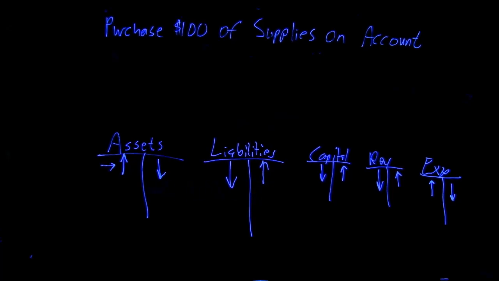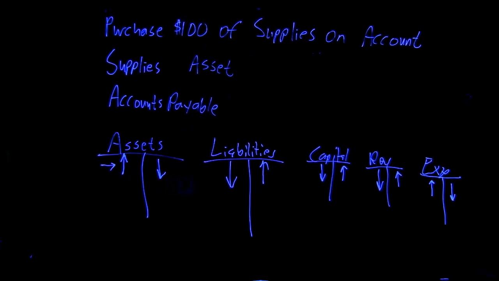So supplies is going to be one of our accounts. And then on account, we're purchasing on account. So that's accounts payable. We know that supplies is an asset because it's something we own and it has future value. And we know accounts payable is a liability because it's a debt. It's a debt the business owes.